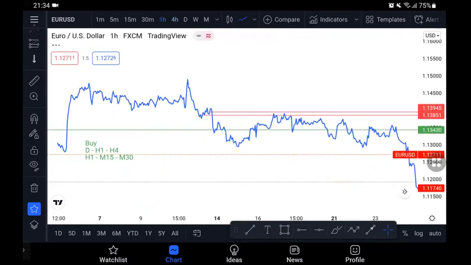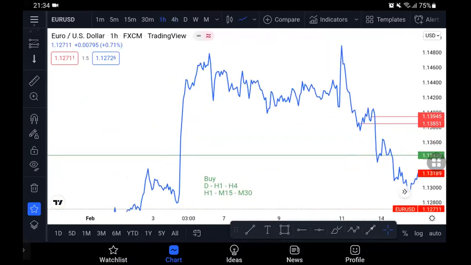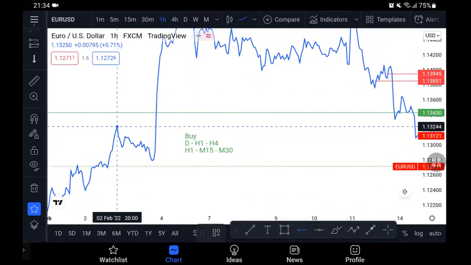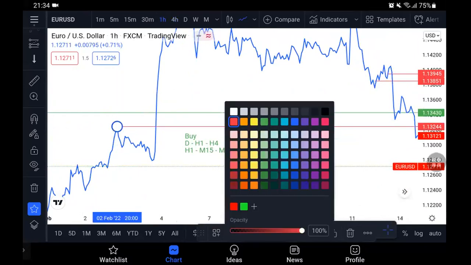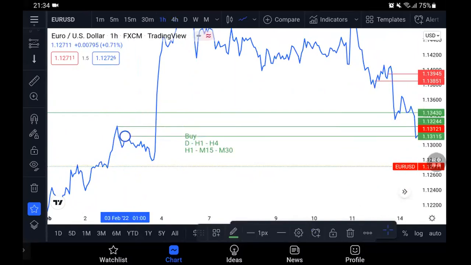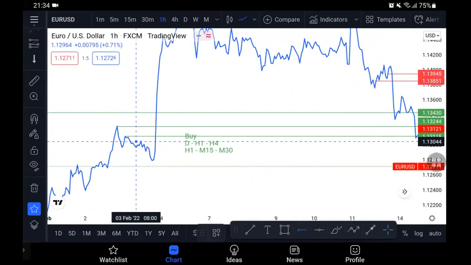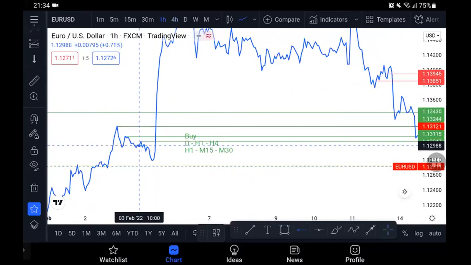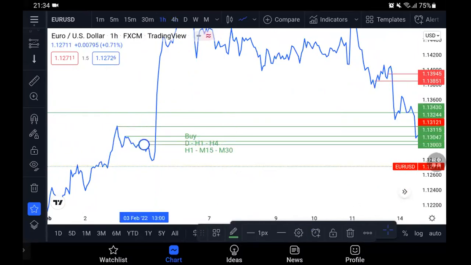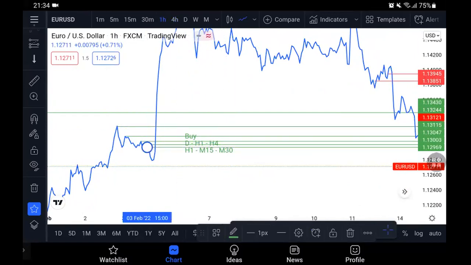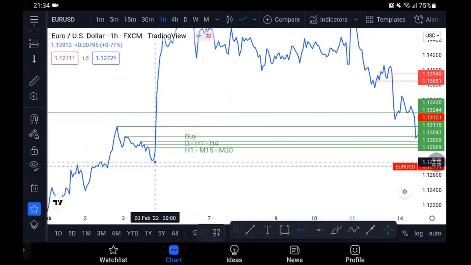So on the H1, we're going to find our key level for the buy setup. Here, if the key level is too near, maybe you can just use one, or you can just mark everything because we don't know which one the market will respect.